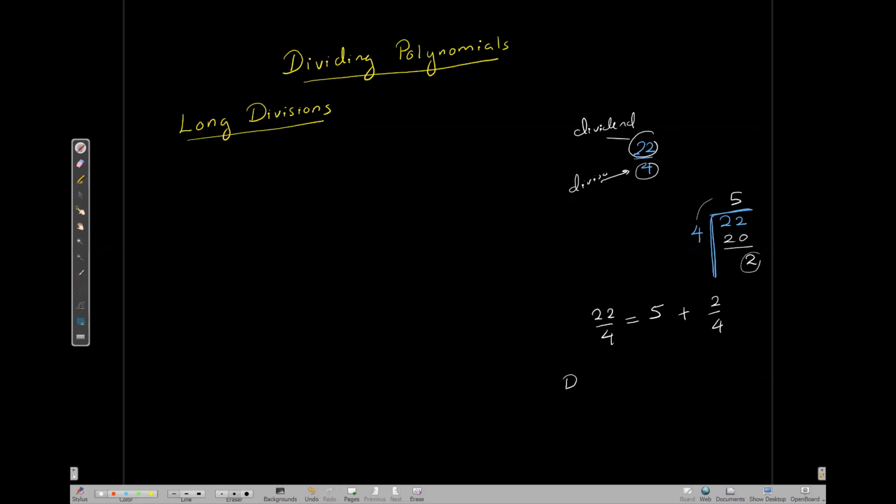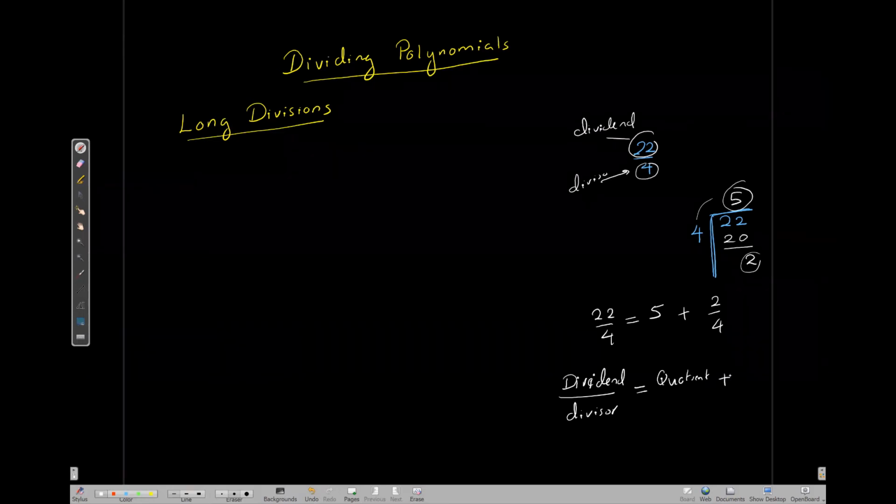So dividend divided by divisor equals the number we get here, we call it quotient, plus this guy, the remainder, over again the divisor.